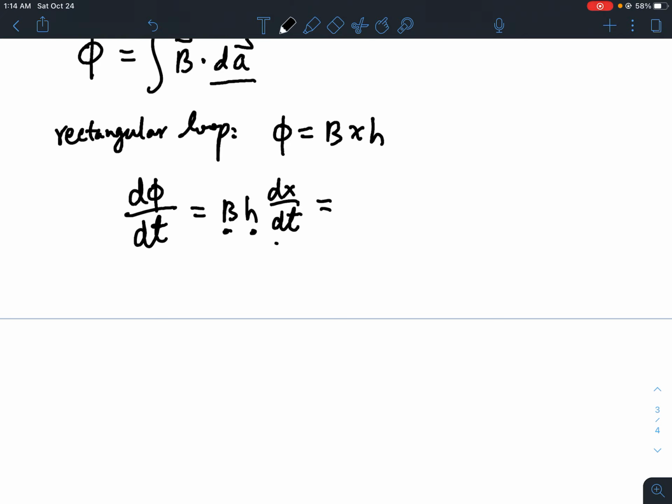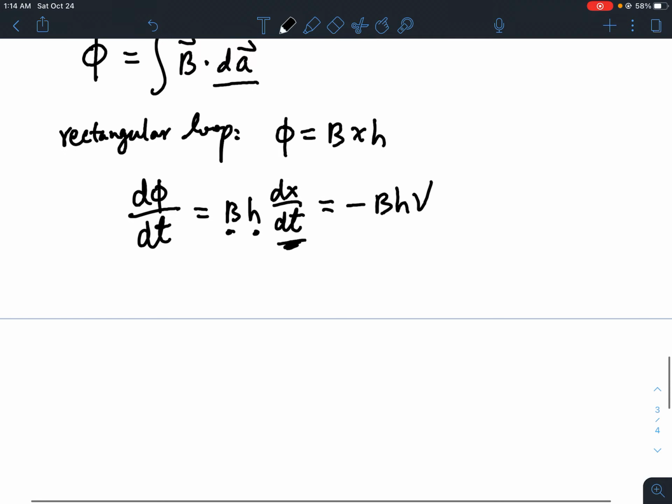They don't depend on time. And this one is really the velocity, with a negative sign, because it is decreasing. x becomes smaller and smaller, because we are pulling out of the magnetic field.